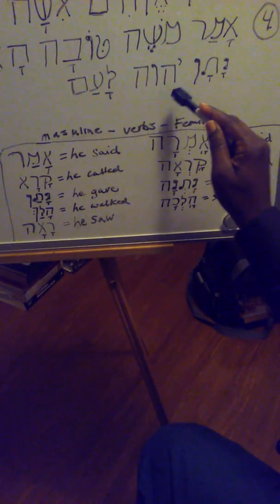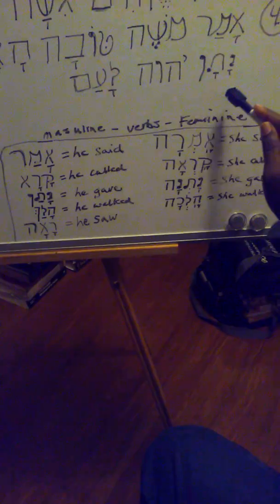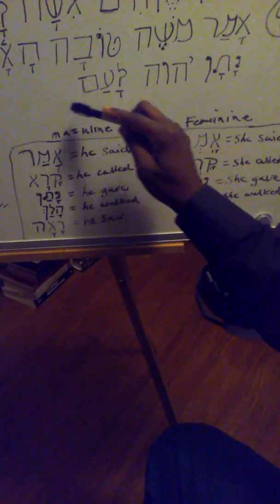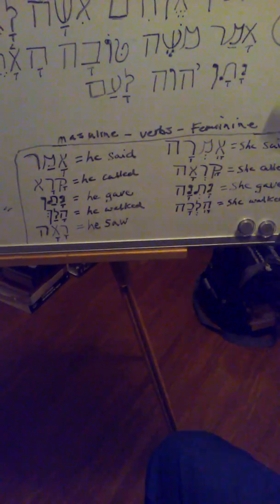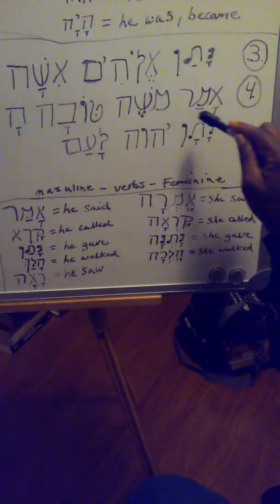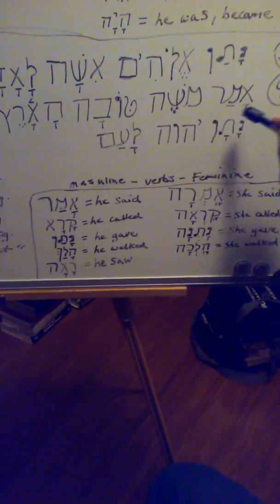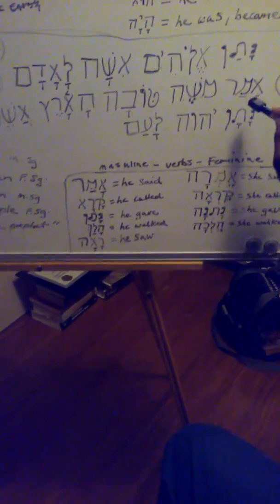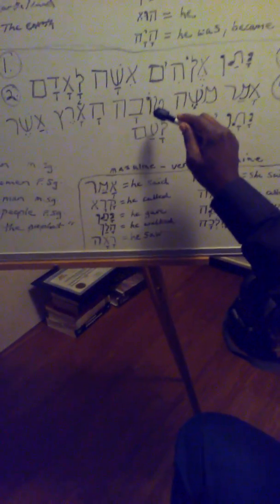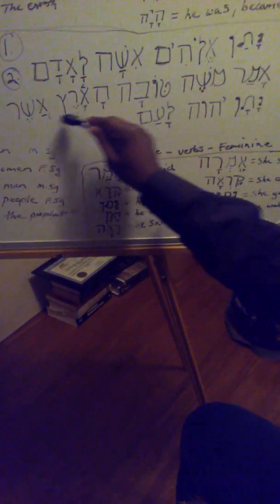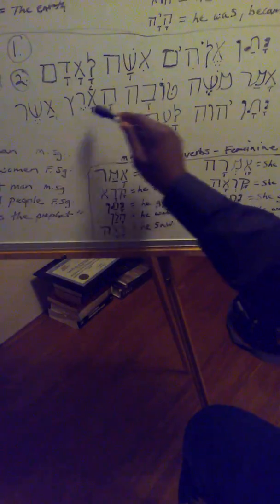Natan Yahweh, God gave la-am, to the people. All right. So it is Moshe, Moses, Amar, said, Tova ha-Arets. Good is the land.